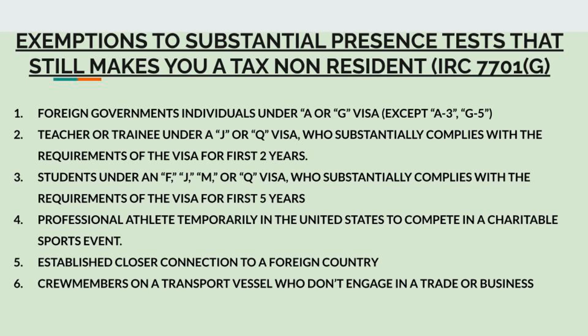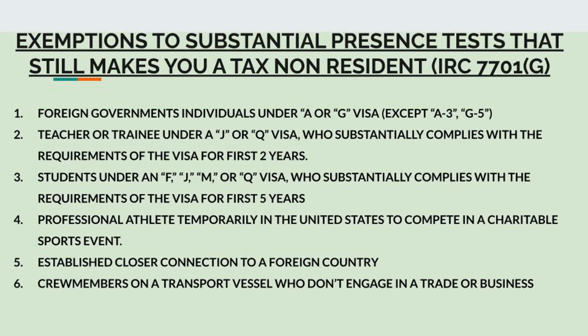Now, this definition, substantially complying with the requirements of the visa, is very detrimental. We're going to look at that later, because if, on your part or the part of your academic institution, the terms of that visa were not substantially complied with, then you exit this exemption that is granted to you for non-residency, and you become a tax resident.